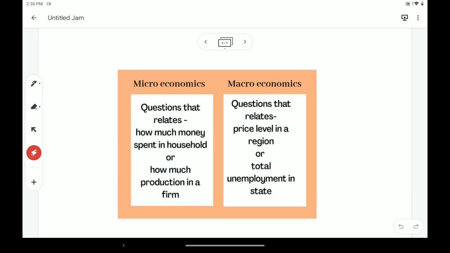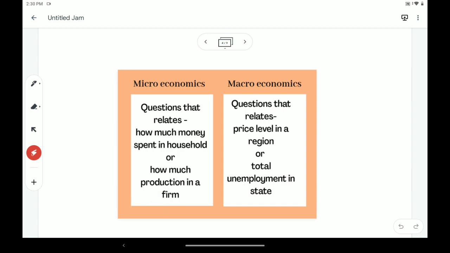The next difference is the questions that relate to these two branches. I gave this example so as to understand the difference between the two branches of economics in a better way. Like how much money is spent by a household, or how much money is saved by a household, or how much production is done in a firm.